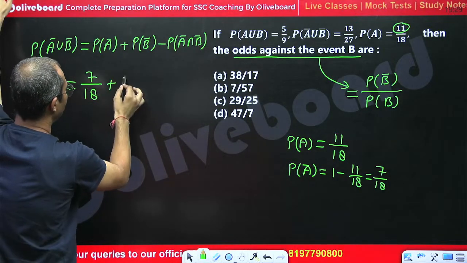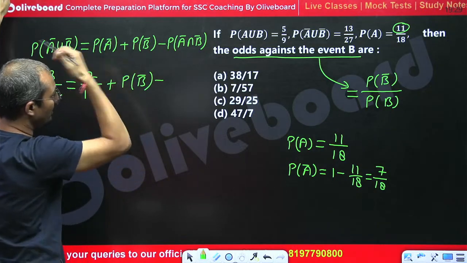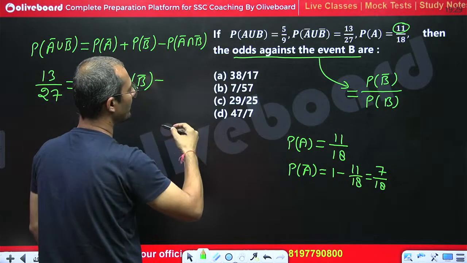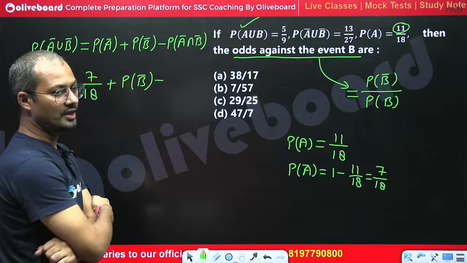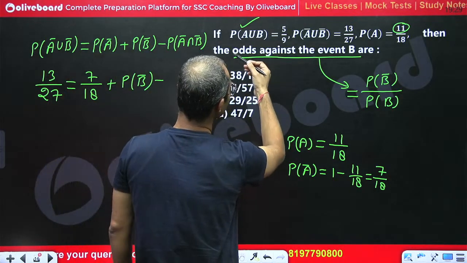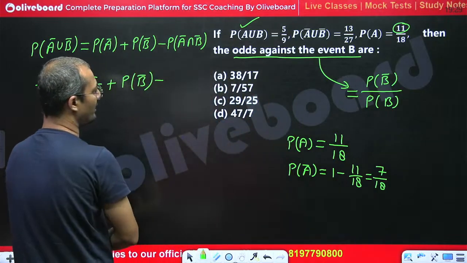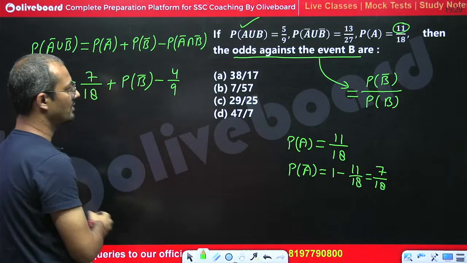Plus probability of B bar we have to calculate, minus probability of A bar intersection B. See, we have probability of A union B is 5 upon 4. So intersection would be equal to 4 upon 9, right?